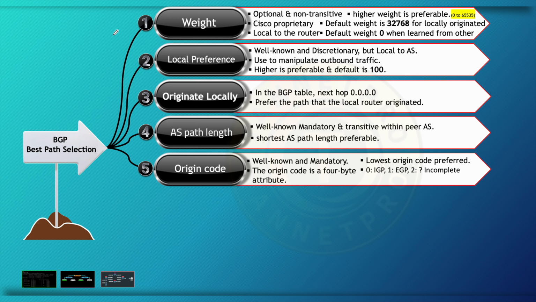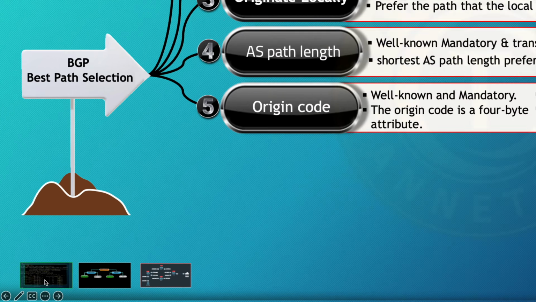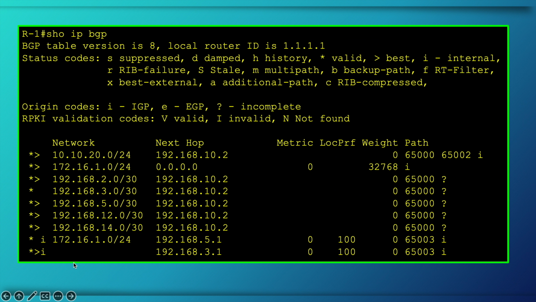Let me explain with the table only, so that you can understand better. All right. So here let's understand. This is the field of the origin code. Here you can see IGP, EGP, and incomplete. Now forget about the EGP protocol, right?